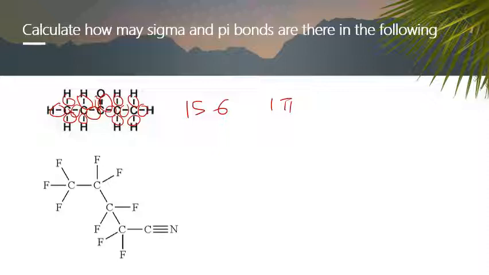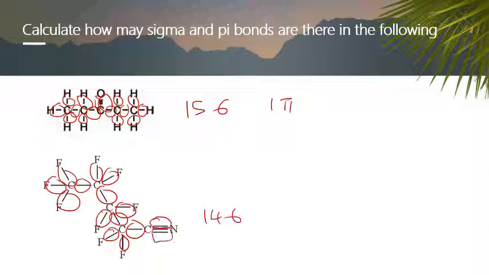For the bottom, 1, 2, 3, 4, 5, 6, 7, 8, 9, 10, 11, 12, 13, 14 sigma, and this one is 2 pi. So the first bond is a sigma, and all the other bonds joining the same two atoms are pi bonds.